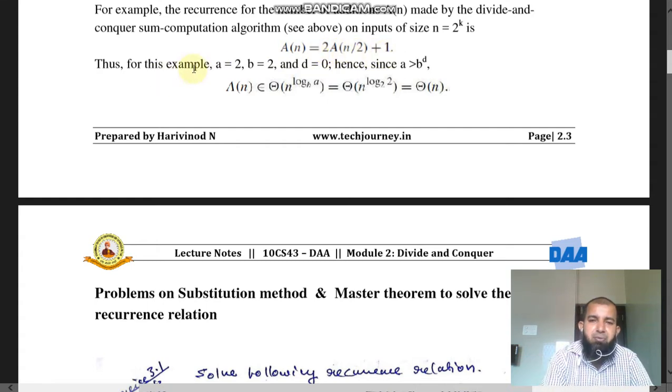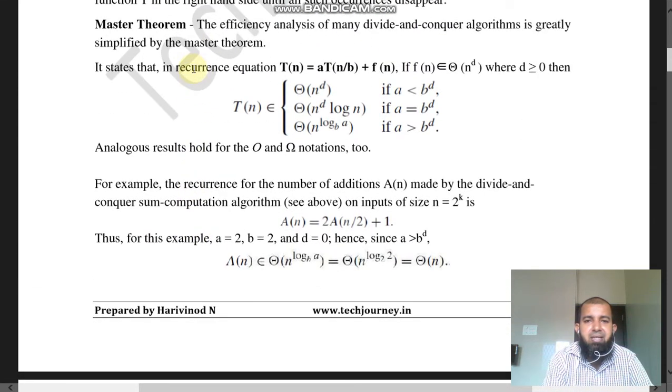So here, using the master theorem, this is the general theorem and this is the recurrence equation. What is the a value? 2, and the b value is 2, and f(n) is equal to 1 here.